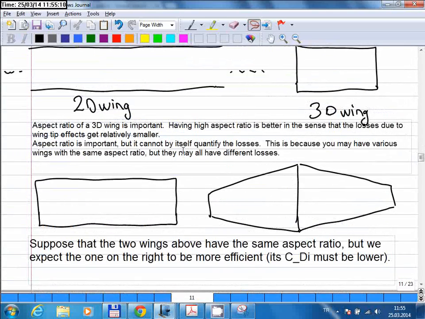So previously we already discussed the effect of the aspect ratio. So hopefully I convinced you that if you have a high aspect ratio, that is a good thing for aerodynamic efficiency. So let's put the effect of aspect ratio outside the equation. Now let's consider the shape of the planform.